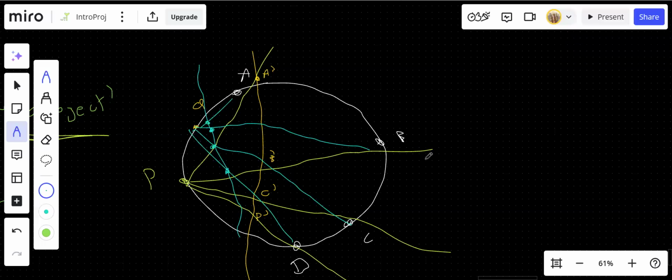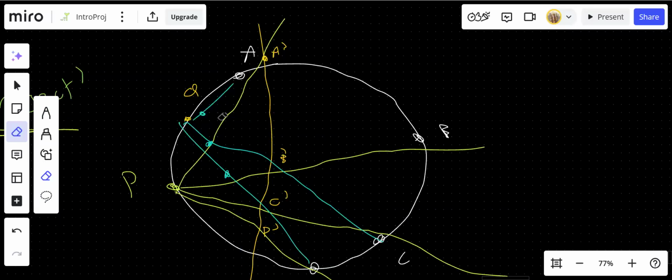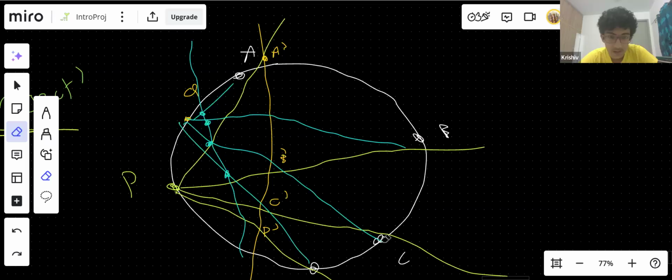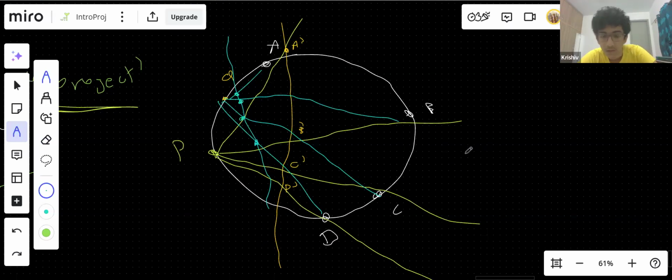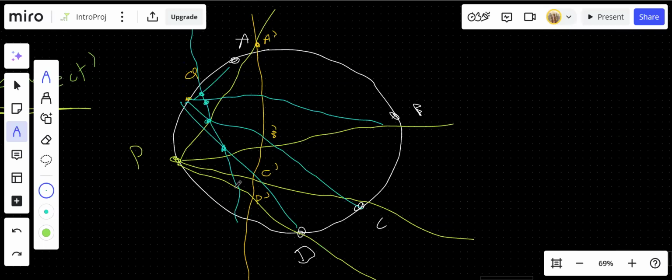Given by the sine law, because DPC equals DQC and CPB equals CQB, by using properties of a cyclic quadrilateral.